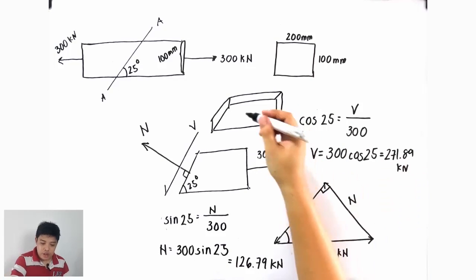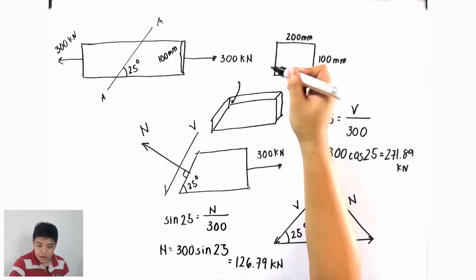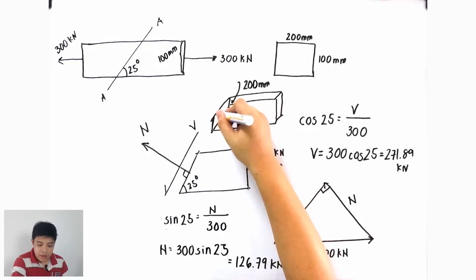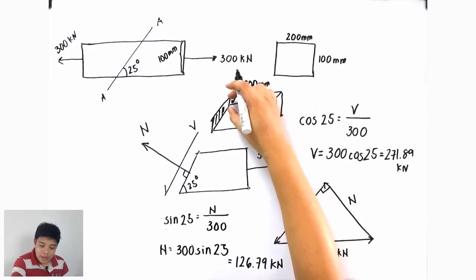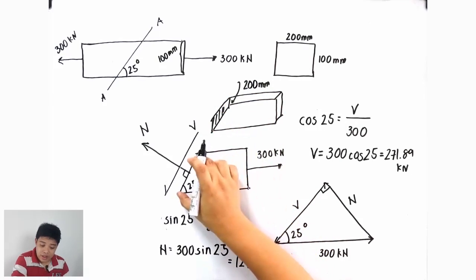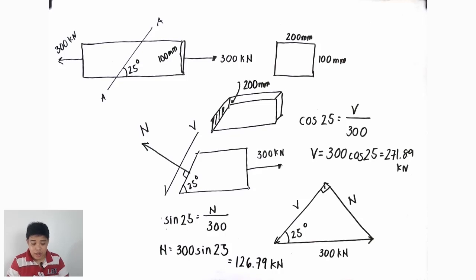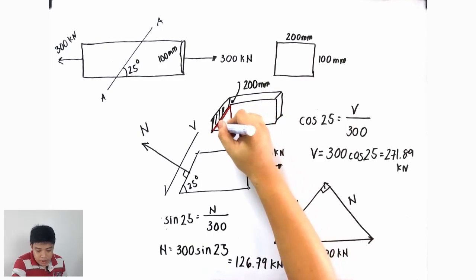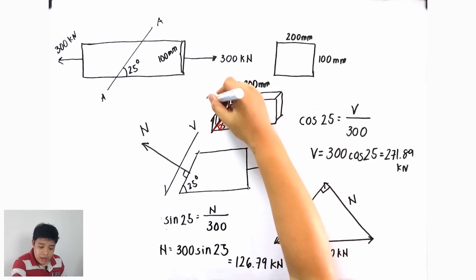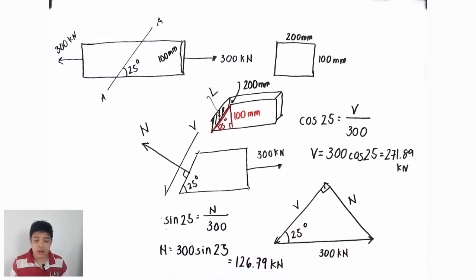Basically speaking, this width is 200 mm. And this is a rectangle whose width is 200 and whose length is equivalent to the length of this diagonal. So how are you going to get it? This one, this is 25 degrees. This is 100 millimeter. Let me say that this diagonal is length L.